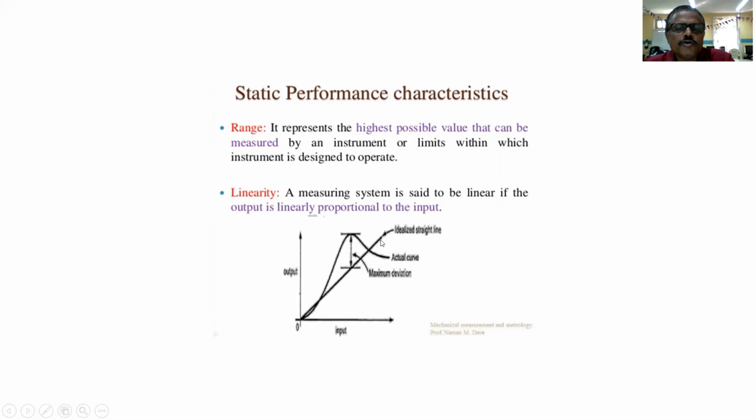What it means is the output is changing corresponding to the input. If you change the input, the output will also change. That is called the characteristic of linearity. Here it is not happening. Output and input are not directly proportional in the second curve. So a measuring system is said to be linear if the output is linearly proportional to the input. So these are some of the characteristics of measuring instruments.